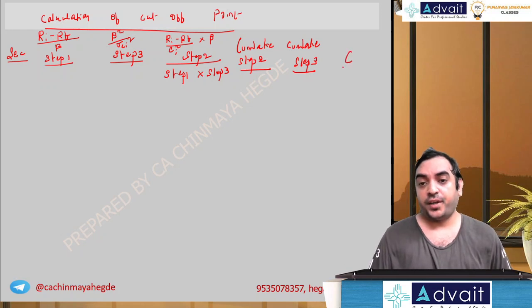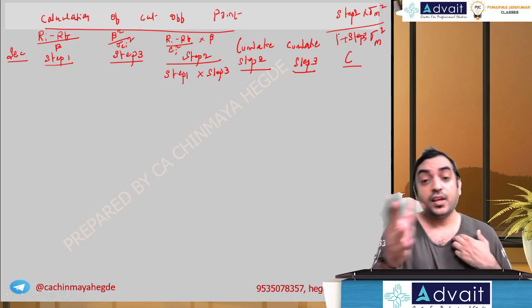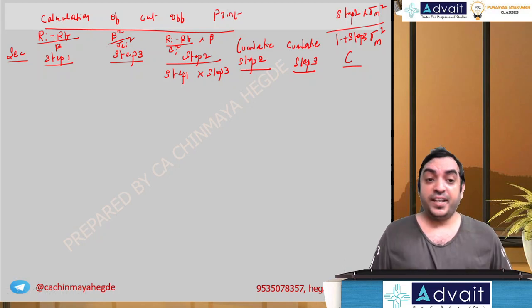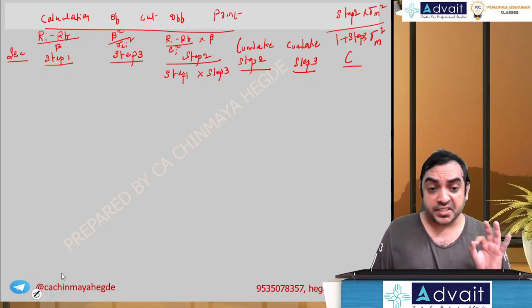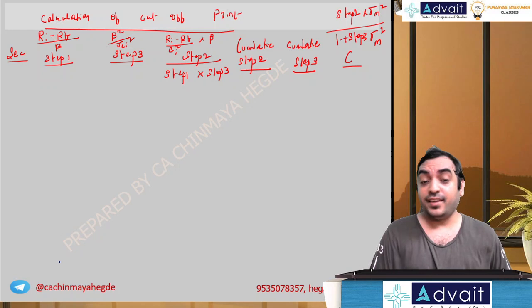Then the cutoff point. How do you calculate the cutoff point? I'll write the formula once more. Not 1 plus, just step 2 into sigma m square divided by 1 plus step 3 into sigma m square. Step 3 into sigma m square, market variance, and this will be on a cumulative basis. Okay, now when you're writing securities, please don't write in A, B, C, D. Write in the order.